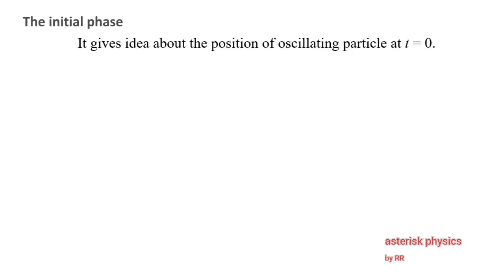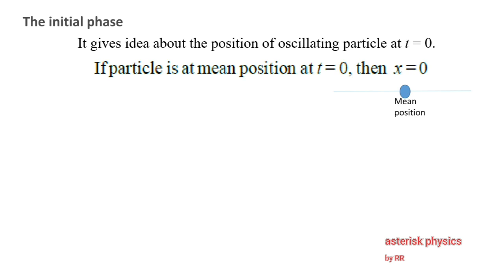Now the initial phase of a simple harmonic motion gives an idea about the position of the oscillating particle at t is equal to 0. So what is the phase of simple harmonic motion when t is equal to 0? If a particle is at its mean position at t is equal to 0, then we know that its position x will be equal to 0.